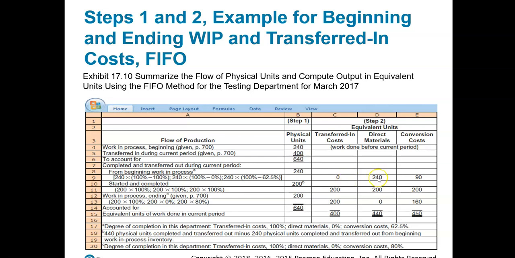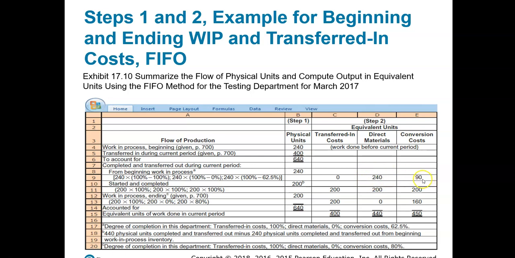What about direct materials? They had no materials added last period, so I had to add all the materials this period to the beginning work in process. That's why I'm accounting for the beginning inventory here of 240 equivalent units.